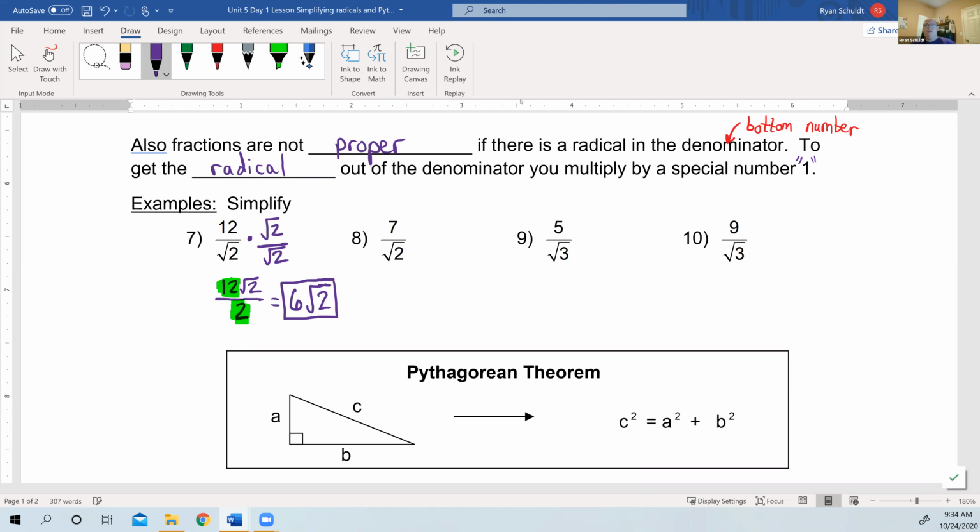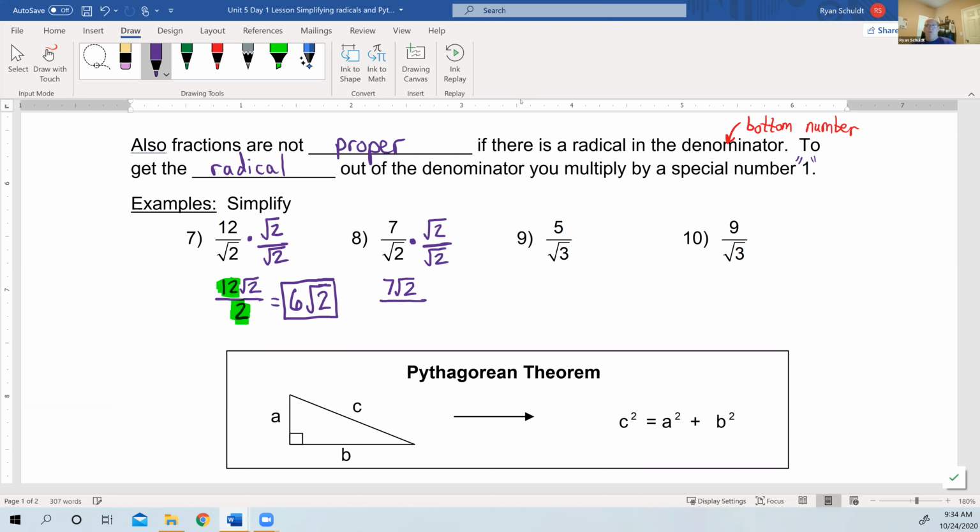Now let's look at the next one. We have 7 divided by the square root of 2. So our special number 1 will be the square root of 2 over the square root of 2. That's our special number 1. So that means on the top up here, we're going to have 7 square roots of 2.